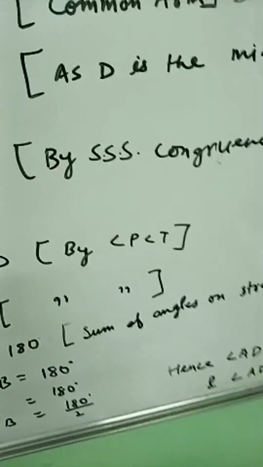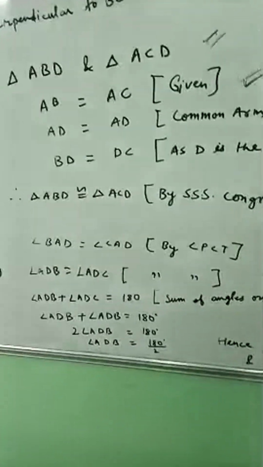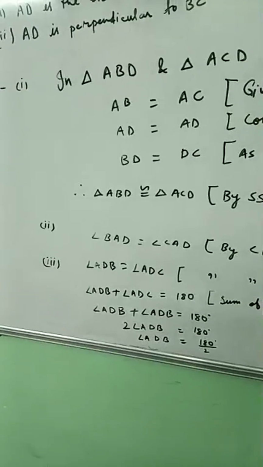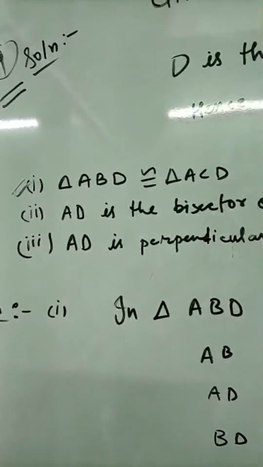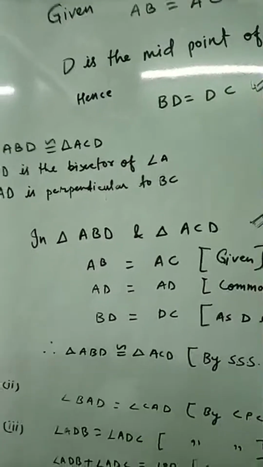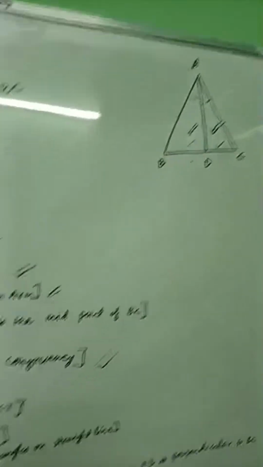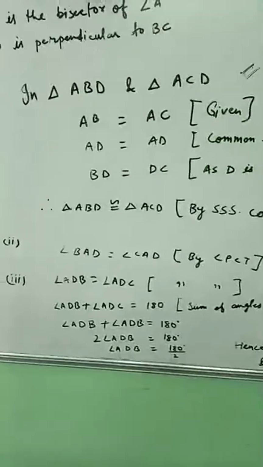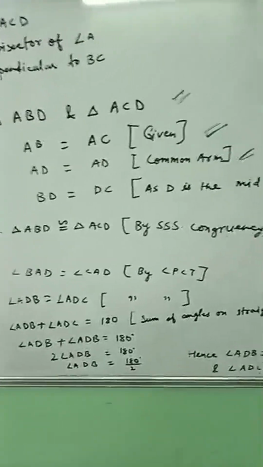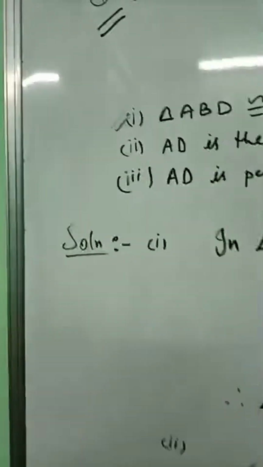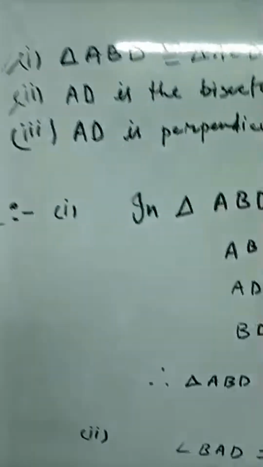So these are equal. Why? By CPCT. CPCT full form is corresponding parts of congruent triangles. Therefore this is the second thing, that AD is the bisector of angle A. Bisector means AD is dividing the angle A into equal parts. So we have proved that angle BAD is equal to angle CAD by CPCT. This is the second question that we have done.